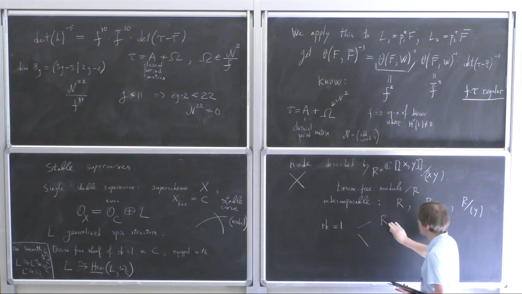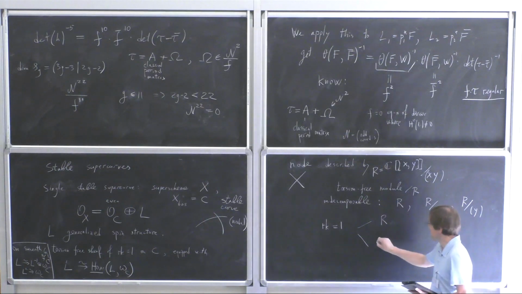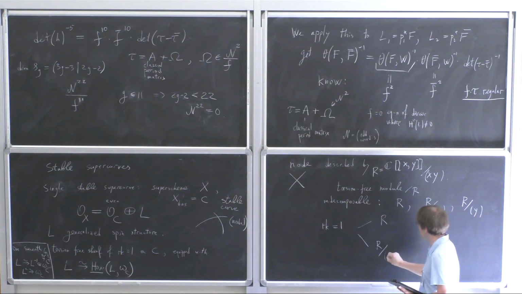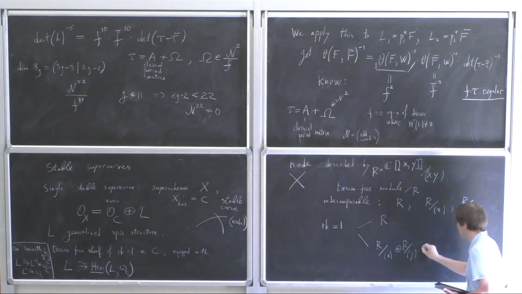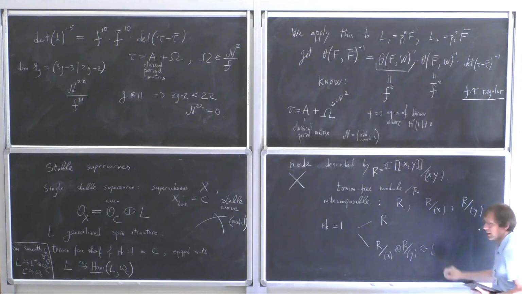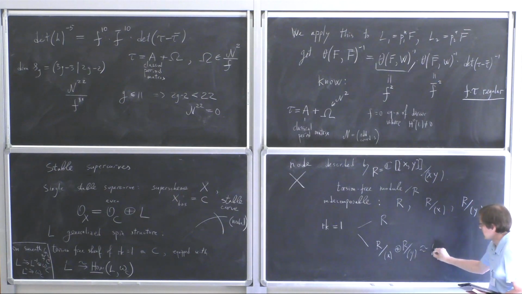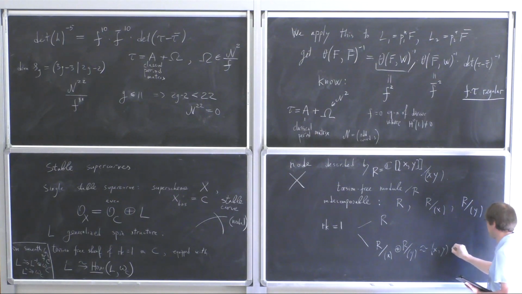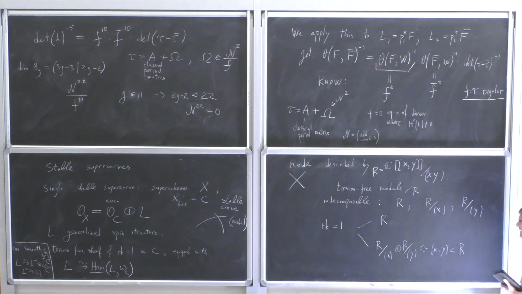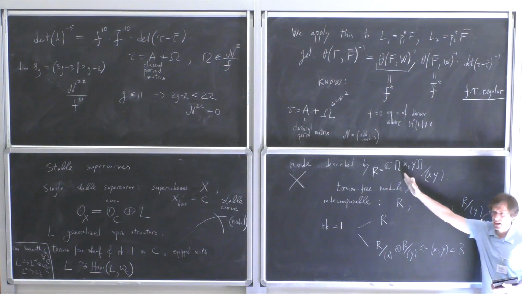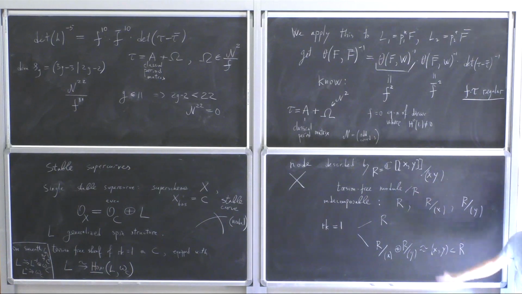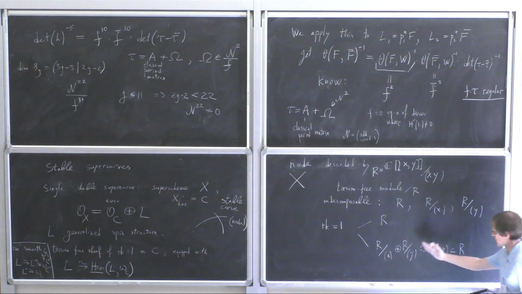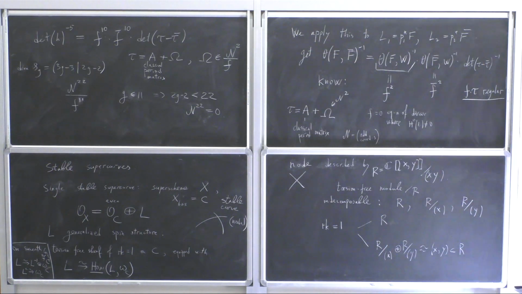Either it's a free module near the node, or it's R modulo x plus R modulo y, which is, by the way, isomorphic to just the maximal ideal in this ring. Because for the maximal ideal in this ring, you consider either series which only depend on x or series which only depend on y without constant term, then they split into a direct sum of two pieces.